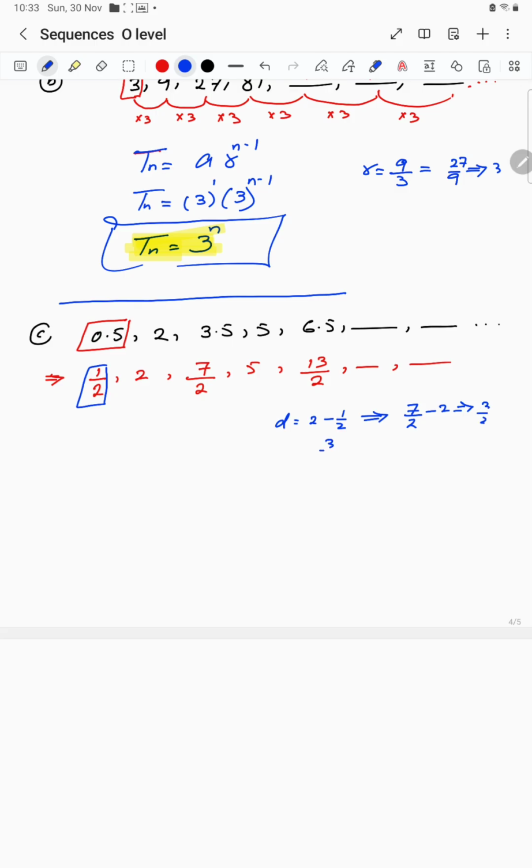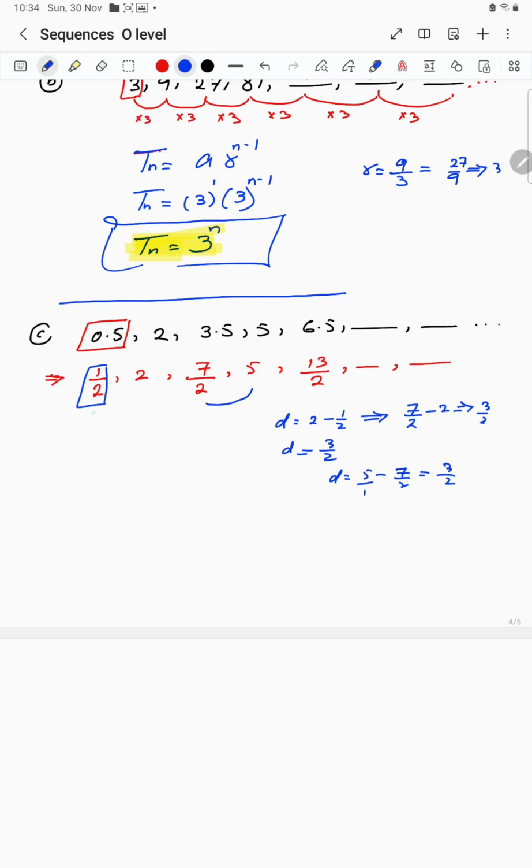Common difference is the same. It means you have to add 3 by 2 each time to get the next successive term. Like, check more: this term minus this term, 5 minus 7 by 2, again it will be 10 minus 7, 3 by 2. I just took the LCM and simplified to get the same answer. So the common difference remains the same throughout.